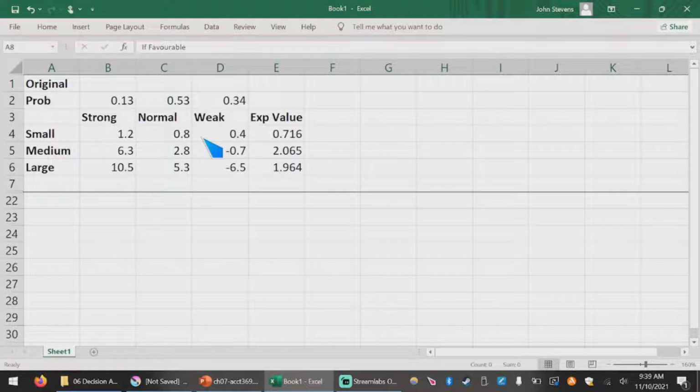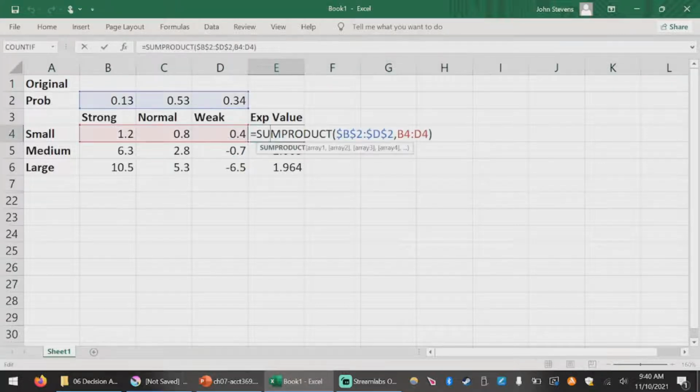So it's sort of like a probability distribution, that in the case of a small order size, the probability of making 1.2 thousand profit is 0.13, and the probability of making 0.8 is 0.53, and so on.